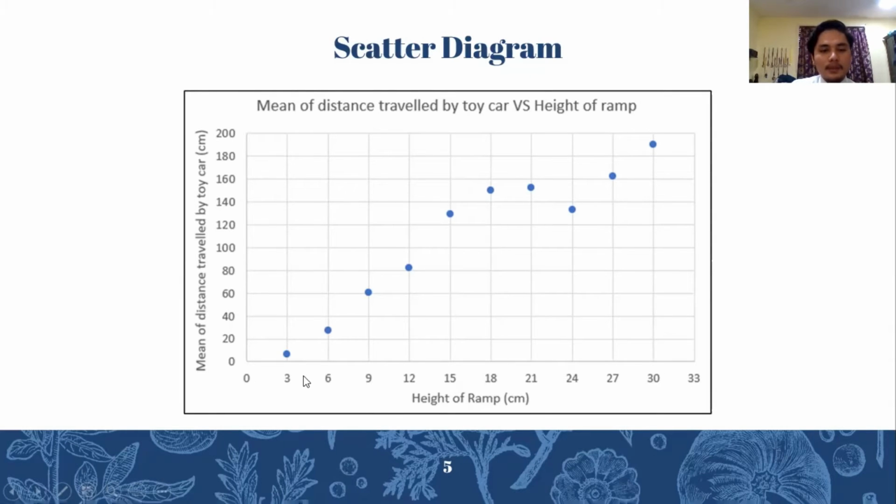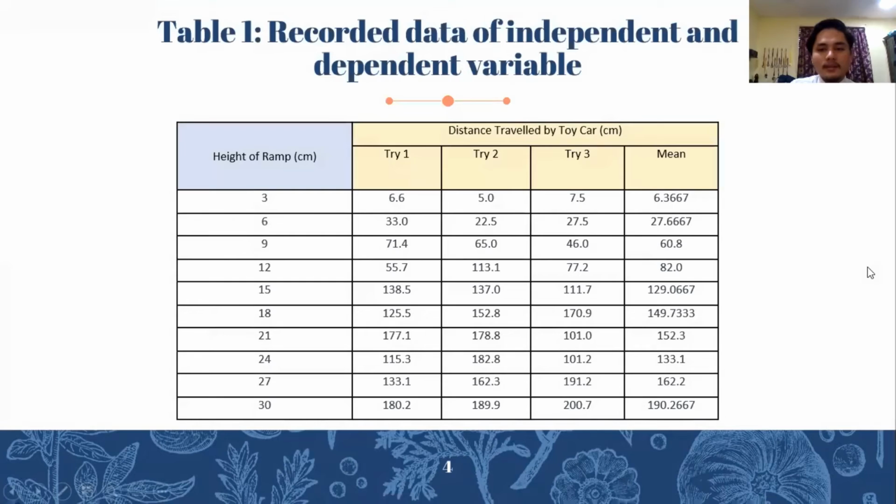So I plotted the mean of each value that we gained just now, and some of my investigations showed that the values are not consistent.